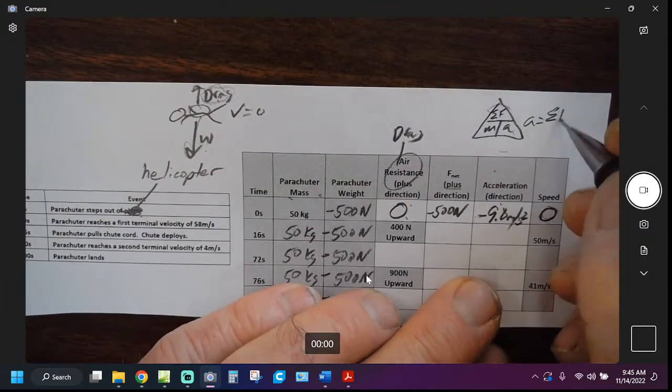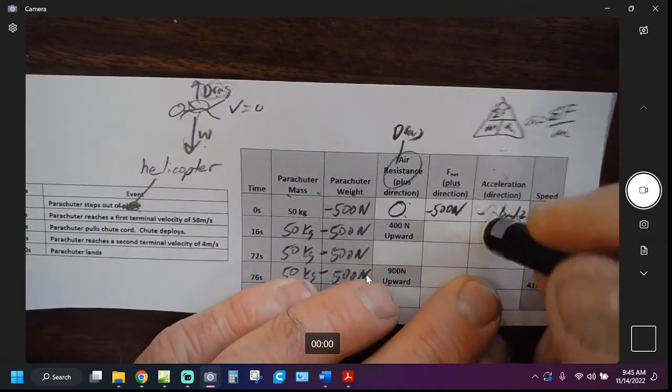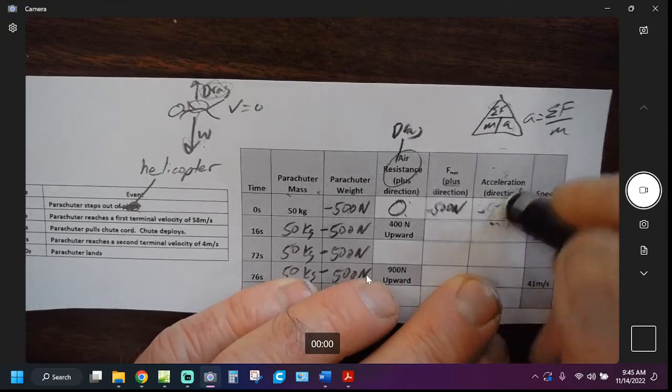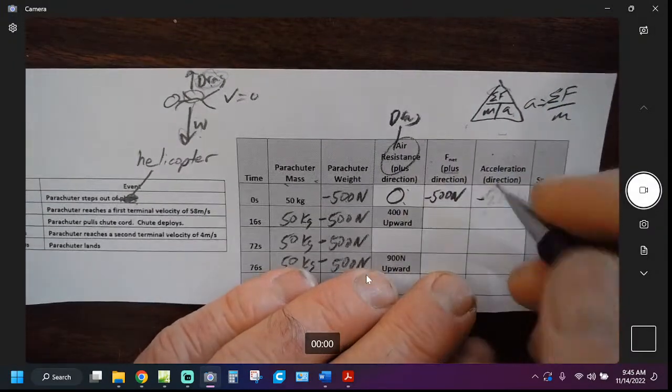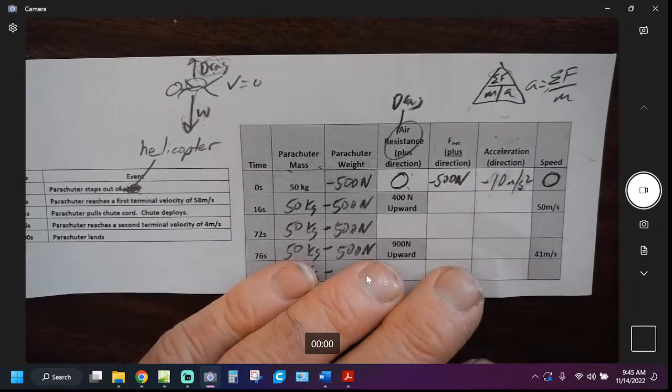In fact, I'm going to change it because we've been using negative 10 in here. It's a lot easier. So negative 10.